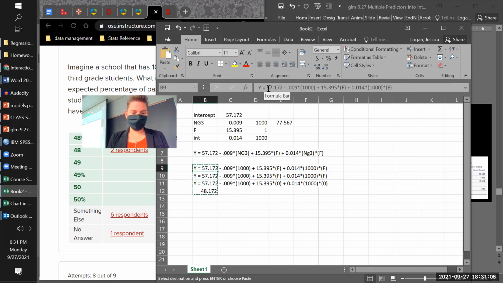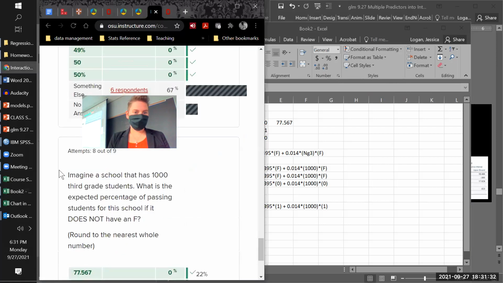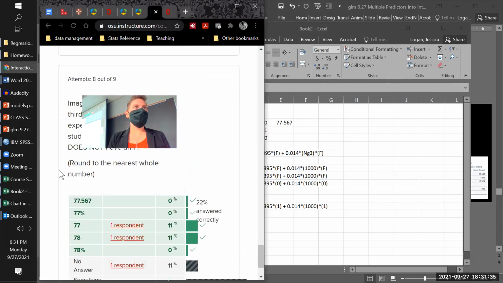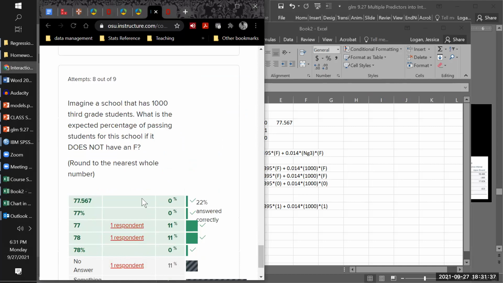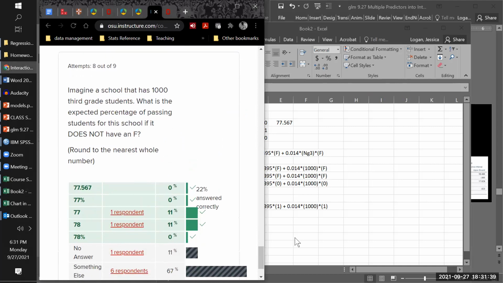And now, to do the other one, the only difference there is that we're going to plug in 1 for F, which means now this term is going to be involved. And we're going to plug in a 1 for F here, which means this term is also going to be involved. So now that becomes the final equation for this question of, I have a school with 1,000 third grade students.